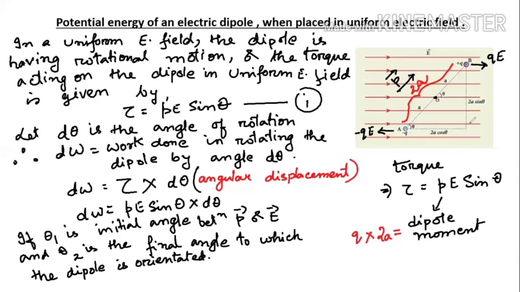Initially this dipole was making a certain angle theta 1 with this electric field. Once you apply the electric field, the dipole is going to orient, that is, rotate, and after rotating it attains an angle theta 2 with respect to the electric field E. So how much work has been done in rotating the dipole from angle theta 1 to theta 2? That will be our net work done.